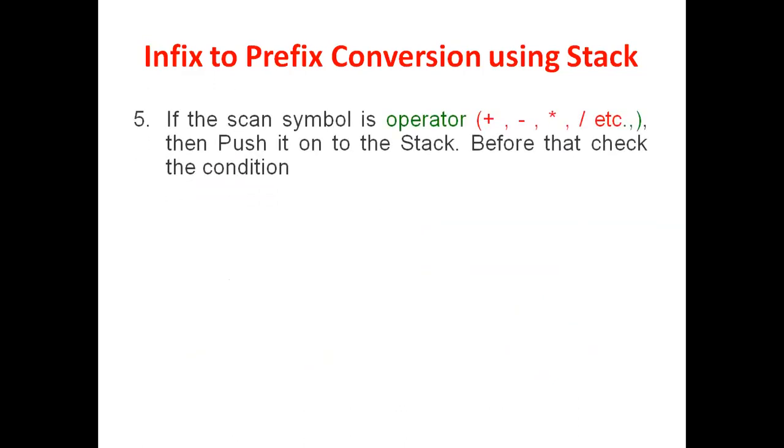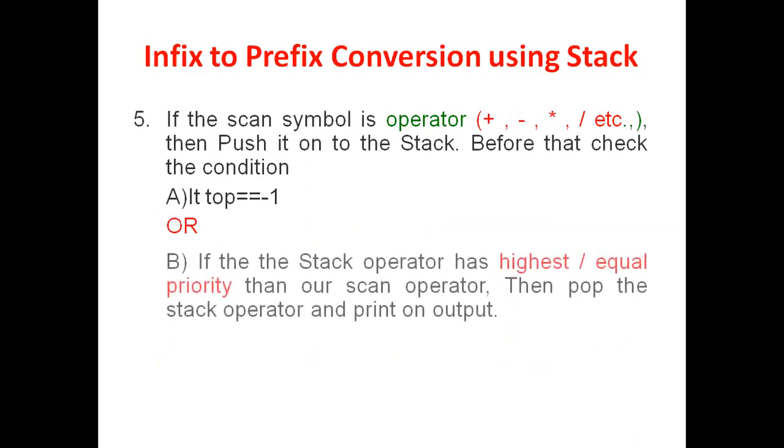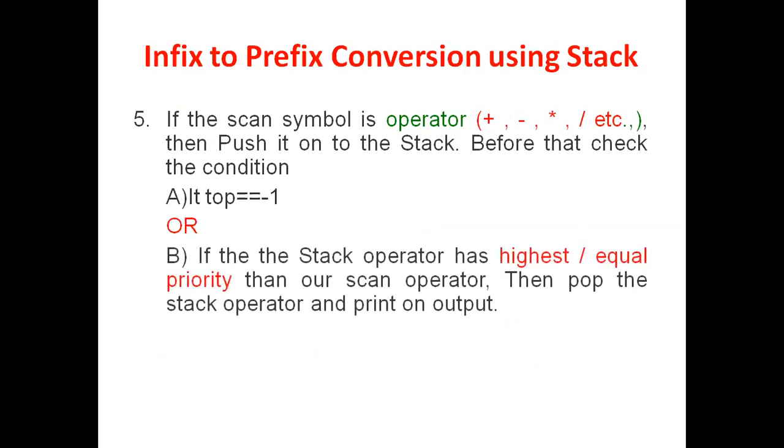Next, if the scan symbol is an operator, the same conditions apply. If the scan symbol is an operator, check the condition top equals -1, then insert our operator into the stack. Otherwise, if our stack operator has higher priority compared to our scan operator, then pop the stack and print it in the output. Then push our operator into the stack.